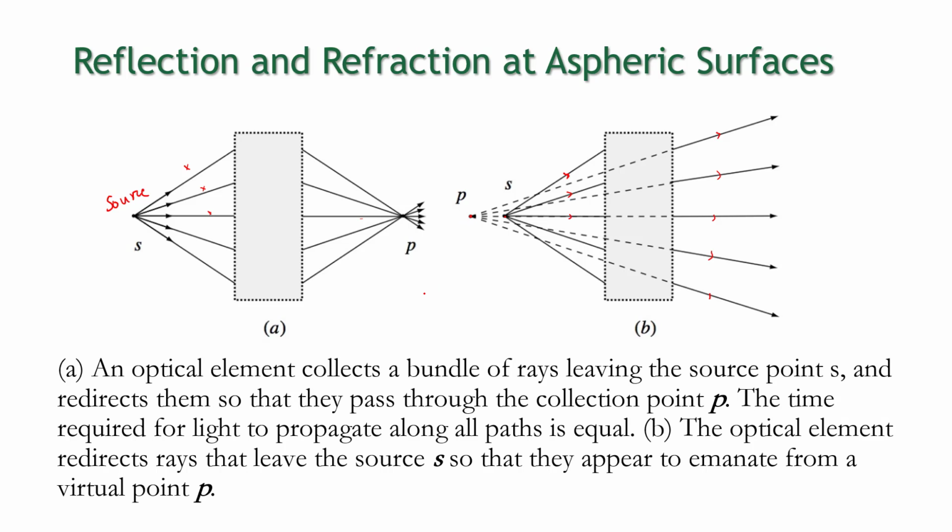So, we can have these two types of optical elements. One redirects the rays at point P and the other one redirects in such a way that they appear to come from point P.